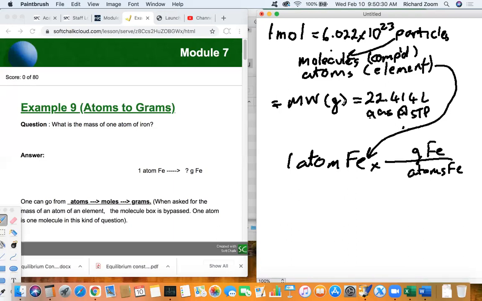Molecular weight in grams is equal to this number of atoms, 6.022 times 10 to the 23. 6.022 times 10 to the 23 goes on the bottom. And the grams of Fe, 55.85, I think it is.